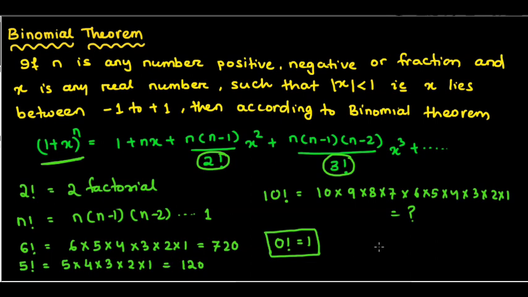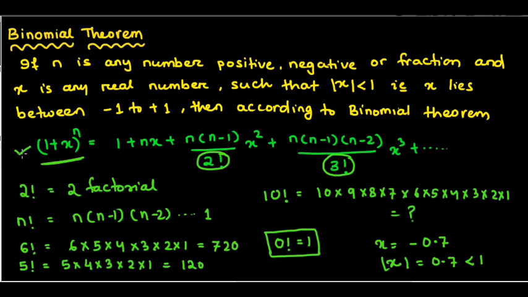For example, if I take x equal to minus 0.7, then the magnitude of x is equal to plus 0.7, and we know that this 0.7 is less than 1. So for this value of x, we can use this formula to expand 1 plus x whole to the power n.